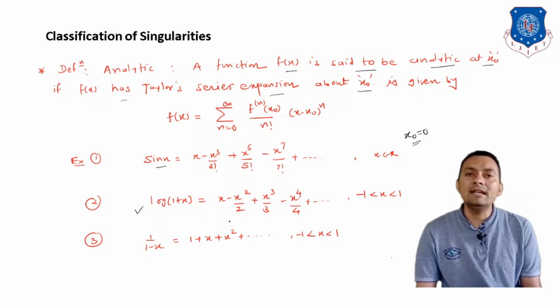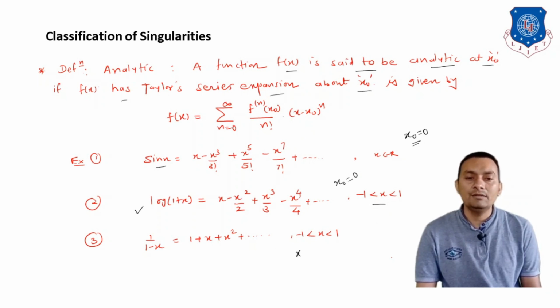What is the expansion of log of 1 plus x? It is x minus x square divided by 2 plus x raised to 3 divided by 3 minus and so on. This expansion is valid for minus 1 less than x less than 1, as we all know. Again we can say this is the Taylor series expansion of this function about the origin, and therefore x0 equals 0 is an ordinary point, and it lies between minus 1 and plus 1.